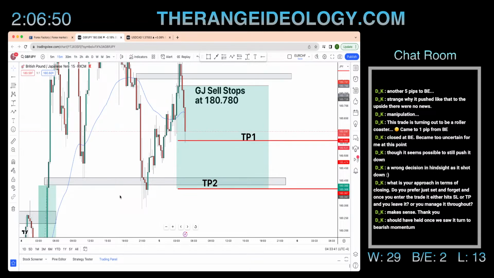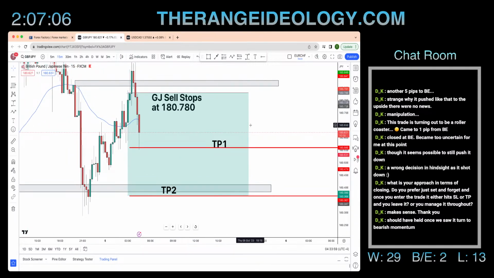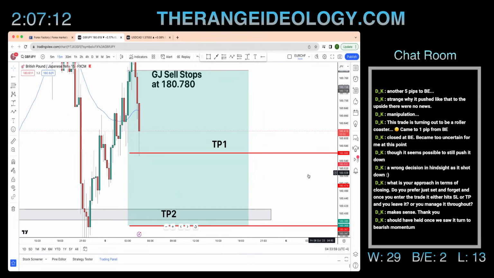There's another 5-minute candle coming up in less than 2 minutes. All right, getting some rejection here. Let's see. So just under a minute left to close off another 5-minute candle.